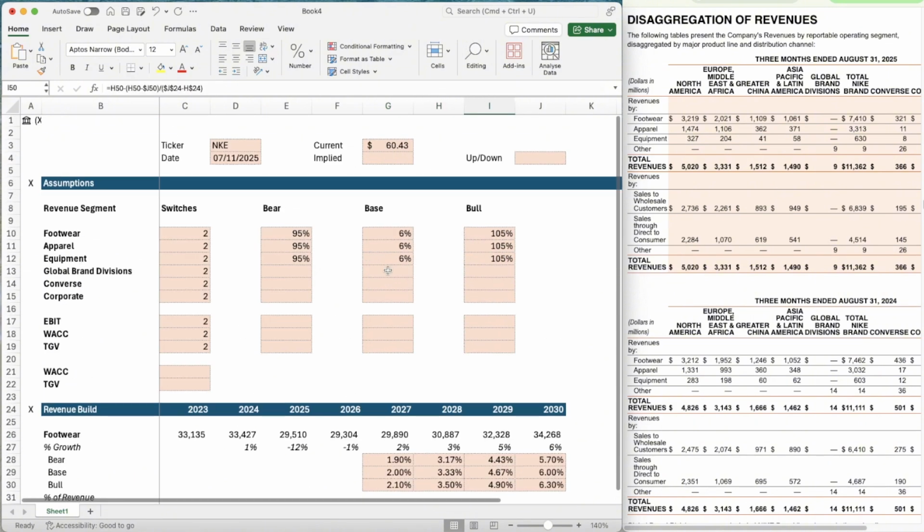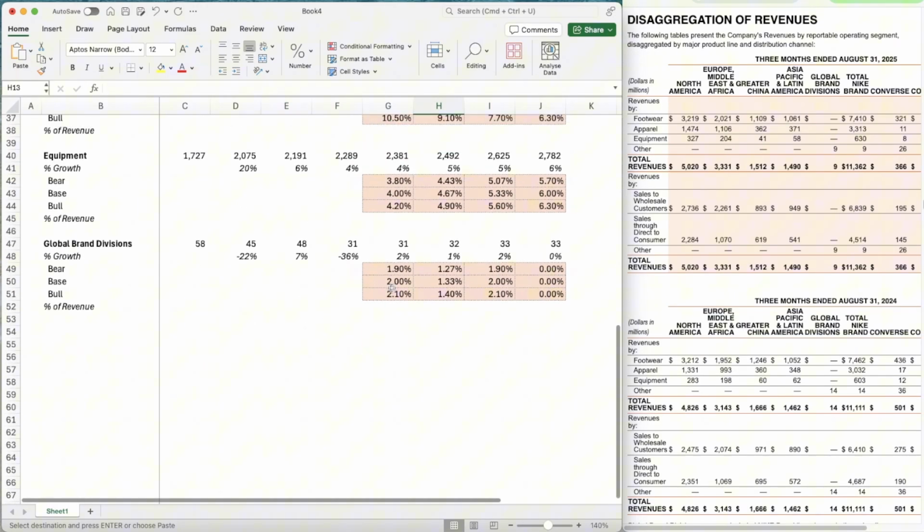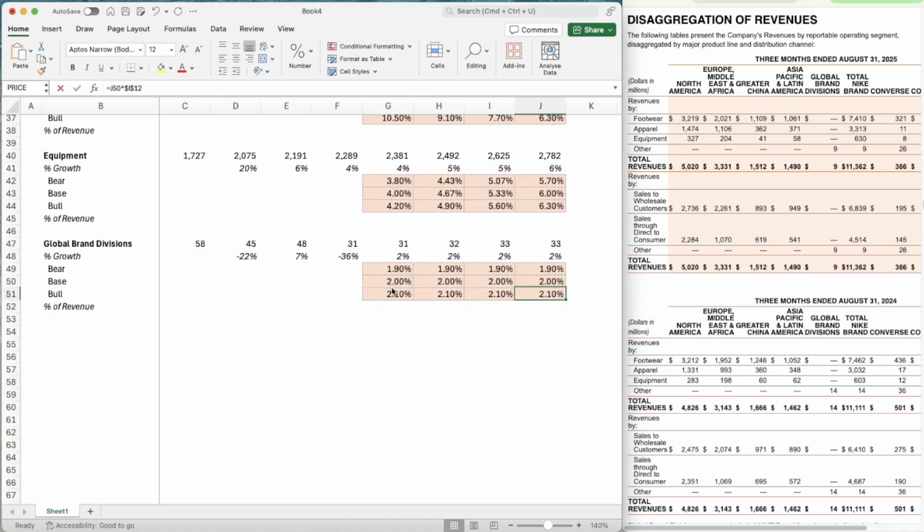We'll just leave it at 2%. There's no need to worry too much about that one. Yeah, it looks good.